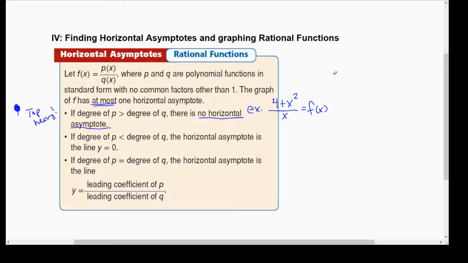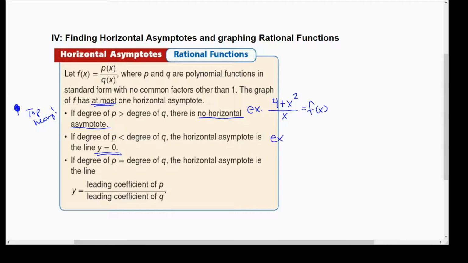Our next case says that if the degree of P, the numerator, is less than the degree of Q, the denominator, then the horizontal asymptote is going to be the line y equals 0. So there's no calculation or anything to perform. If your numerator degree is smaller than your denominator degree, then you have y equals 0.